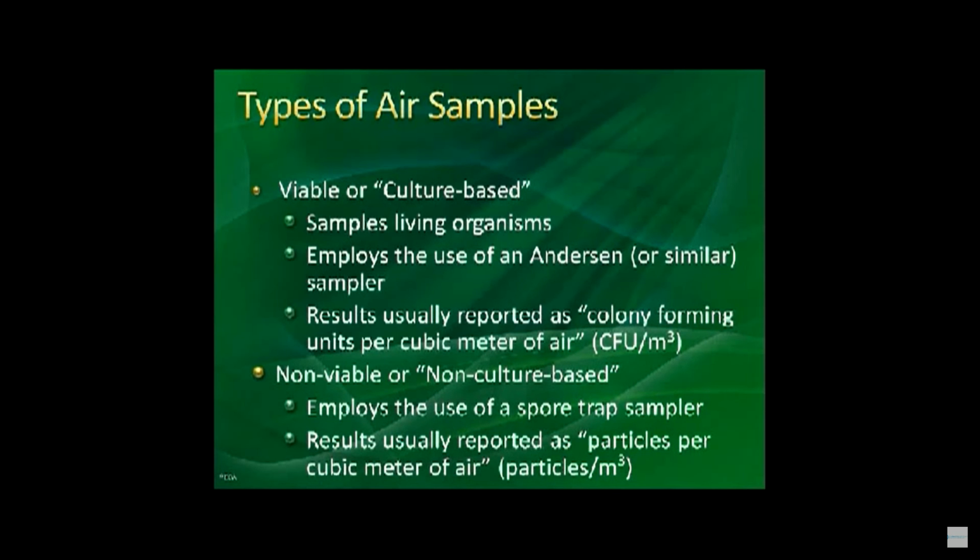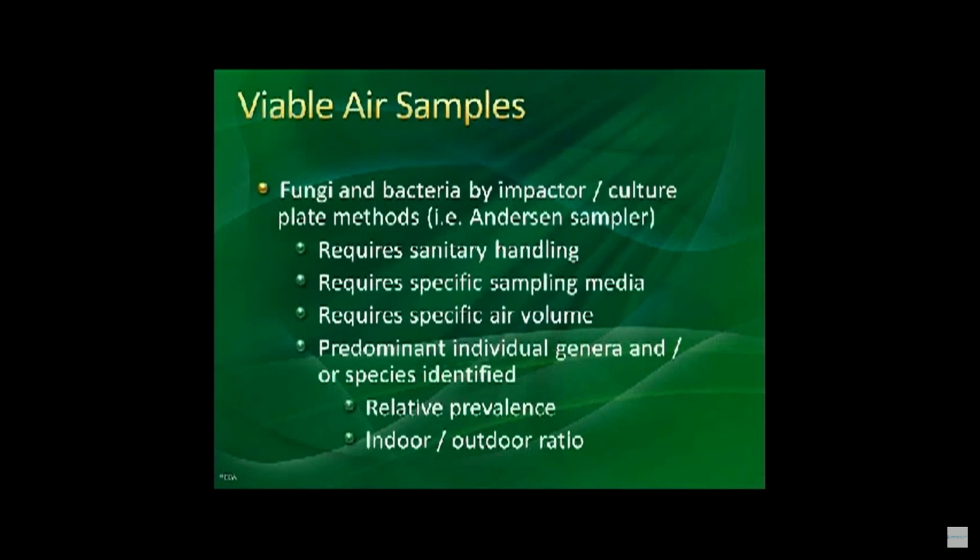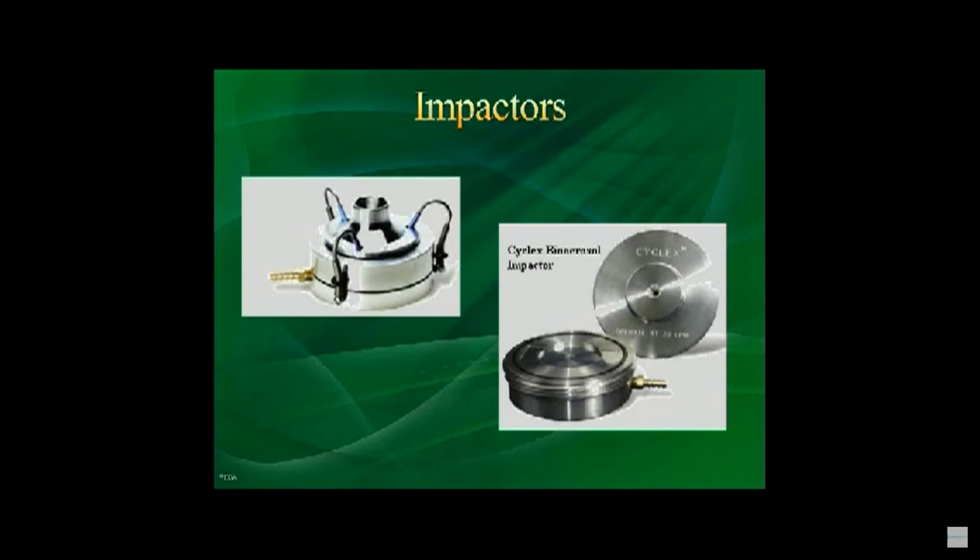With viable air samples, you can actually detect fungi and bacteria. Again, there is a lot of concern. There are a lot of specific media you have to use, and the labs will guide you through that. This is a general idea of what impactors for viables look like. Those sample the air and draw it through holes in the plates.